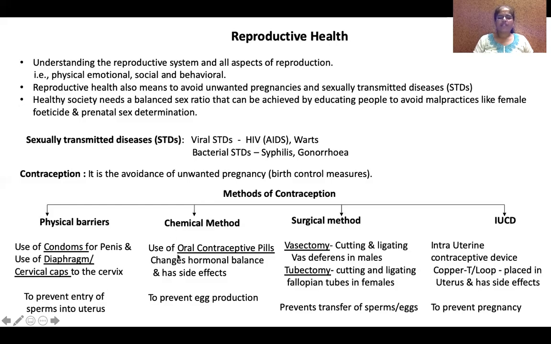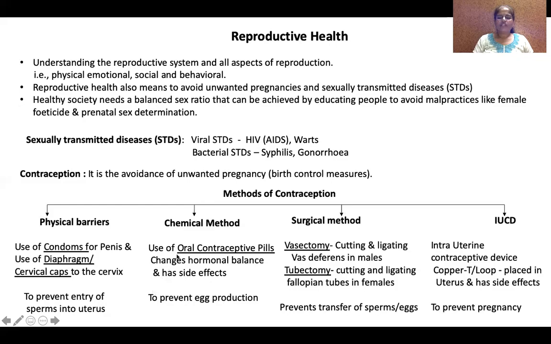Next is the chemical method. It uses tablets called oral contraceptive pills. These are hormonal pills which change the hormonal balance of the woman and stop production of eggs. It prevents egg production from the ovary.